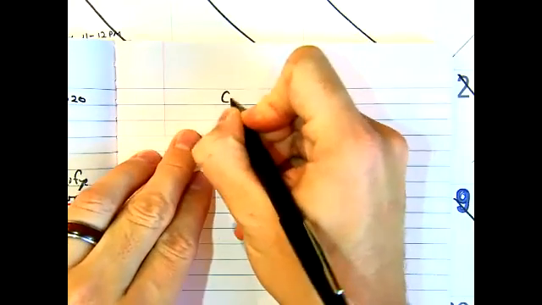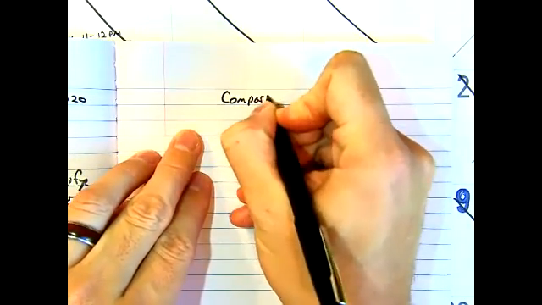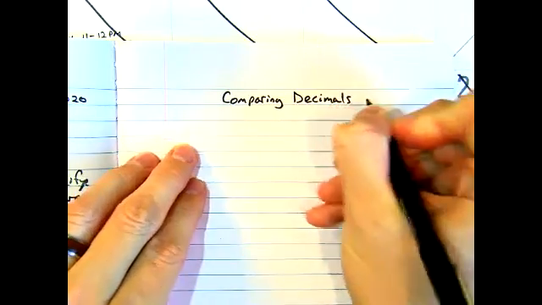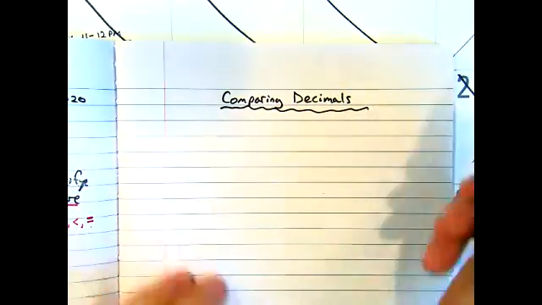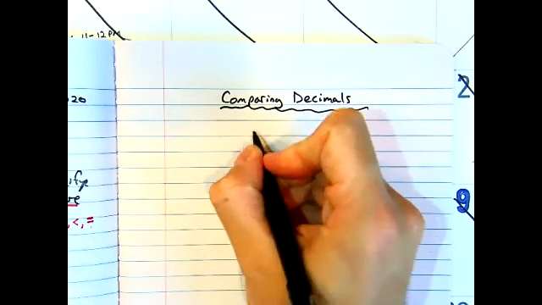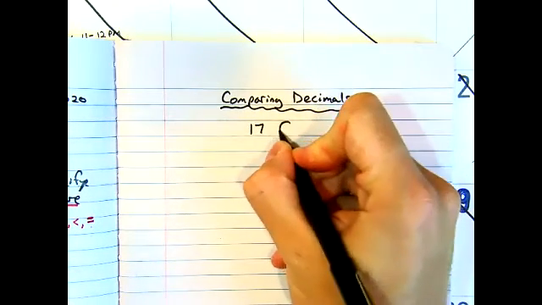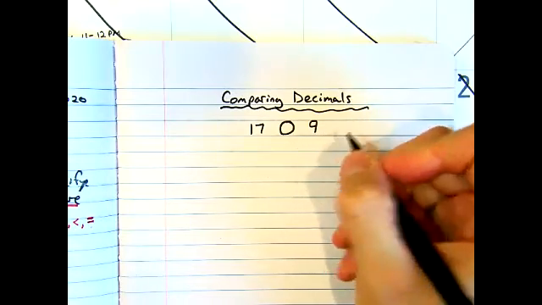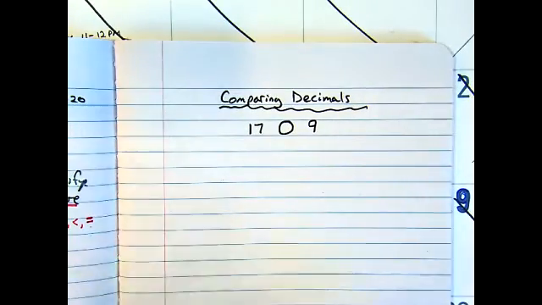Let's move to the next page and we'll talk about some comparisons. Let's look at a very simple comparison. Let's start with the number 17 and 9. Which is bigger, 17 or 9?